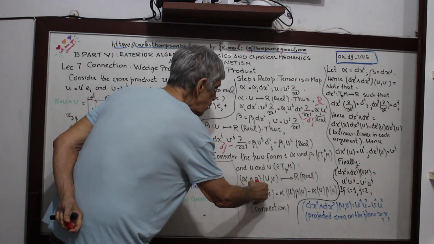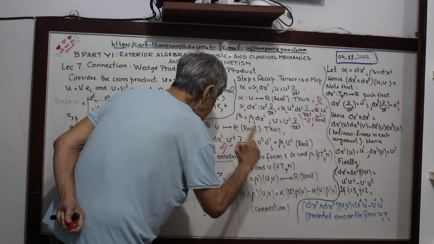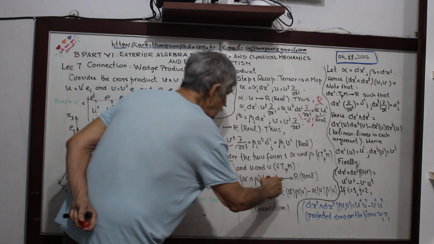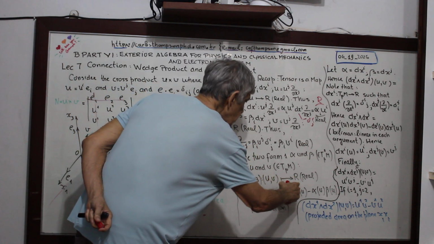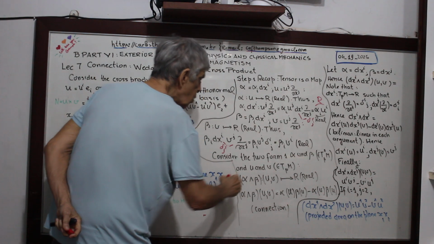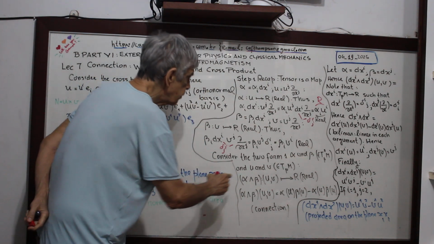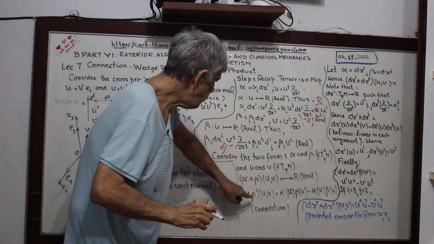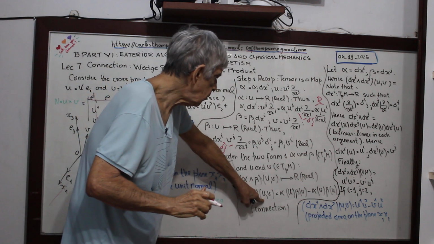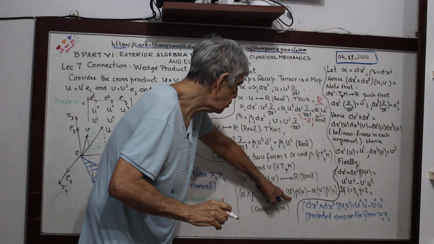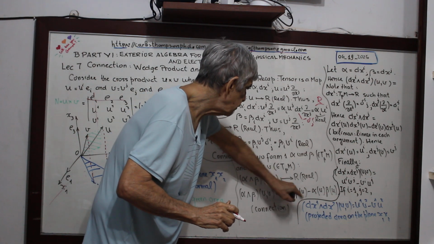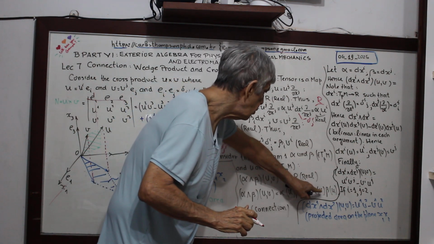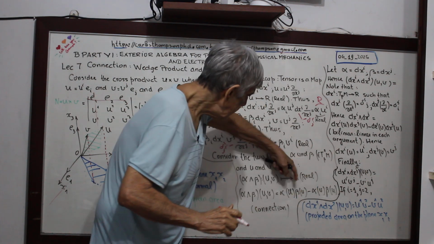The wedge acting on U, V, by the definition of a tensor, leads to a real number. Now I'm working with the two forms alpha and beta. Alpha wedge beta on (U, V) is alpha acting on U times beta on V, minus alpha on V times beta on U.